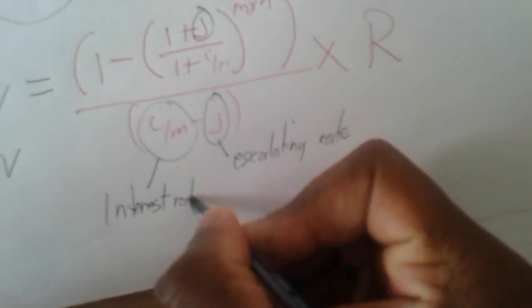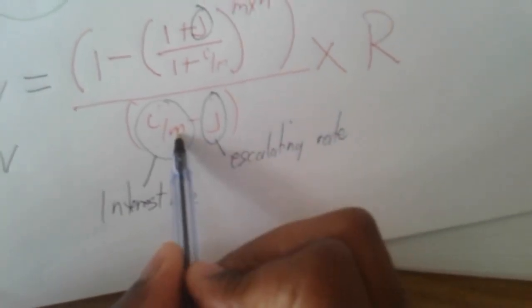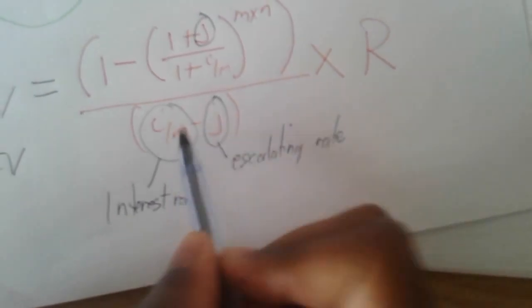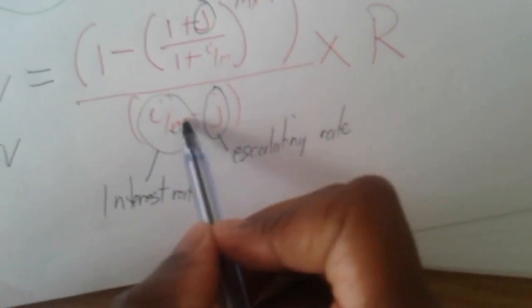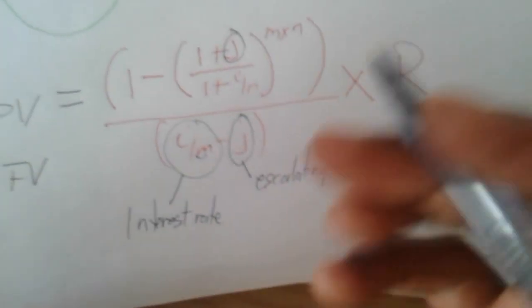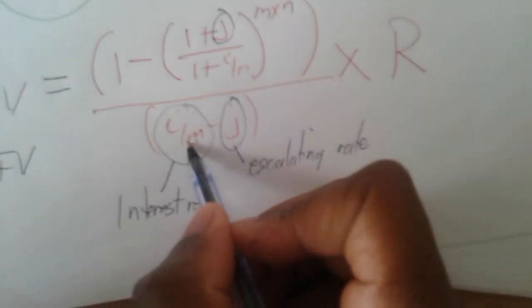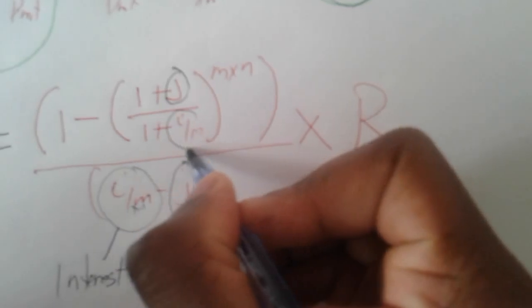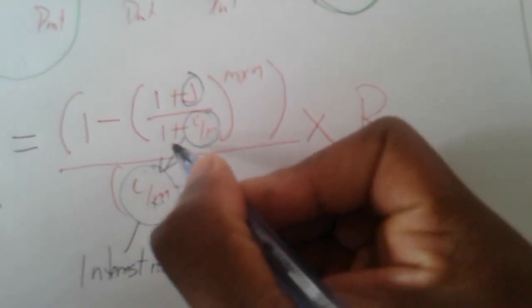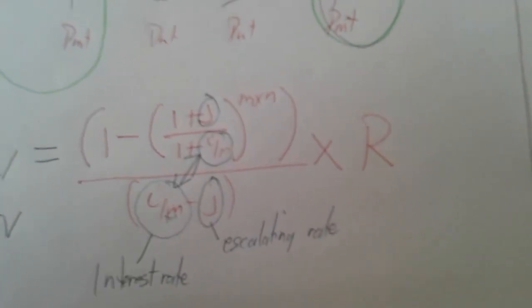So if your rate is compounded monthly, you divide by 12. That's correct. If it's quarterly, you divide by 4. If it's 2 monthly, by 6. Same thing applies again here. So remember, this and this is the same thing, and then this J again and this J again, same thing.